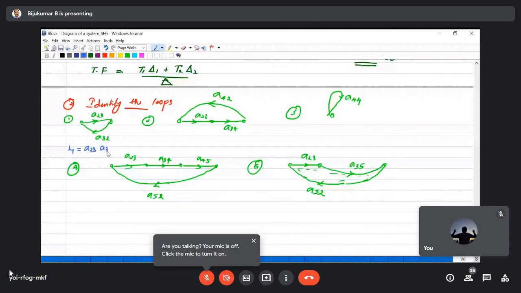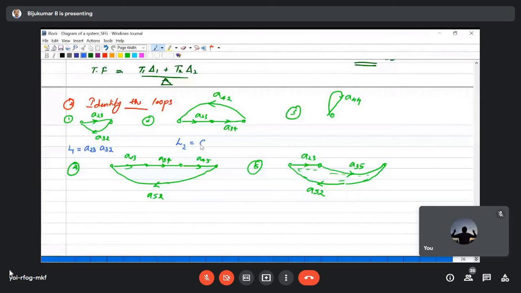And for the second loop, L2, the product of path gains is A23 multiplied by A34 multiplied by A42. And L3, it is a self loop because it starts from one node and ends at the same node. That is called a self loop. So there is only one path gain, that is A14, right?